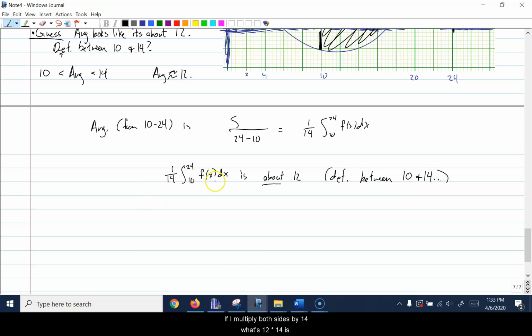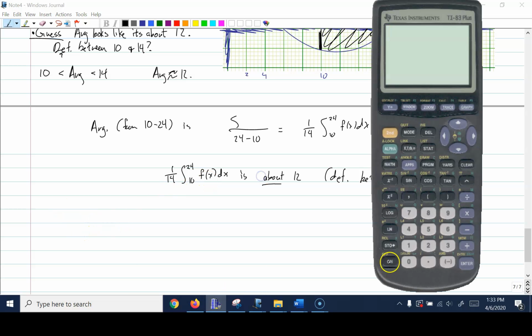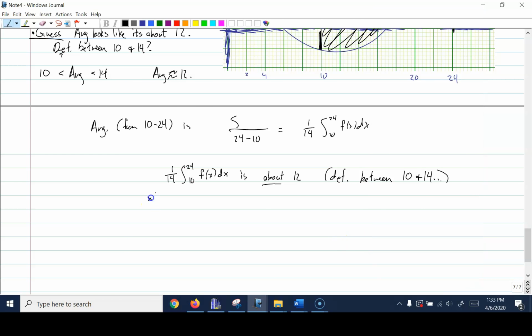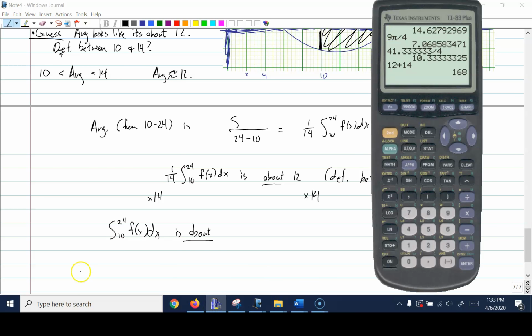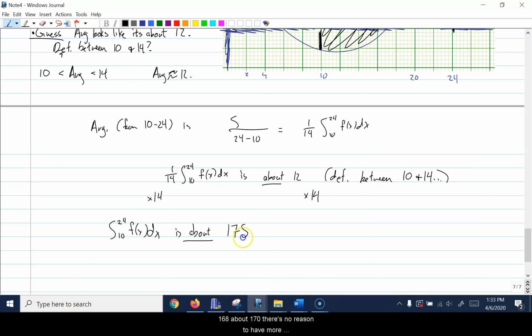If I multiply both sides by 14, what's 12 times 14? 12 times 14 is 168. I multiply both sides of this sentence by 14, and I get that the integral from 10 to 24 of the function is about 168. I'll say it's about 170.